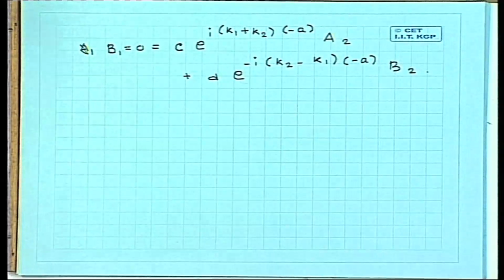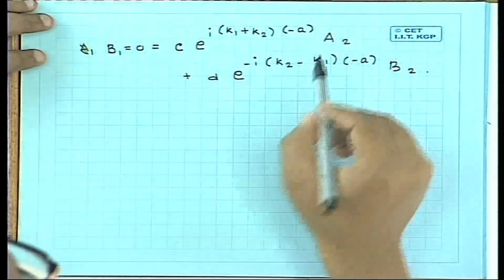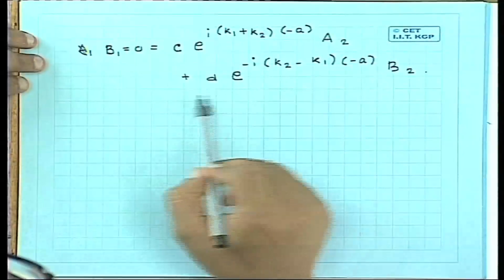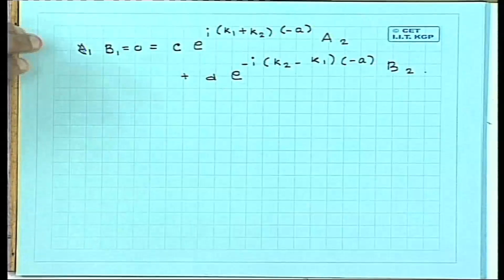So this is the relation between A2 and B2 which we obtain from the fact that B1 has to be 0.